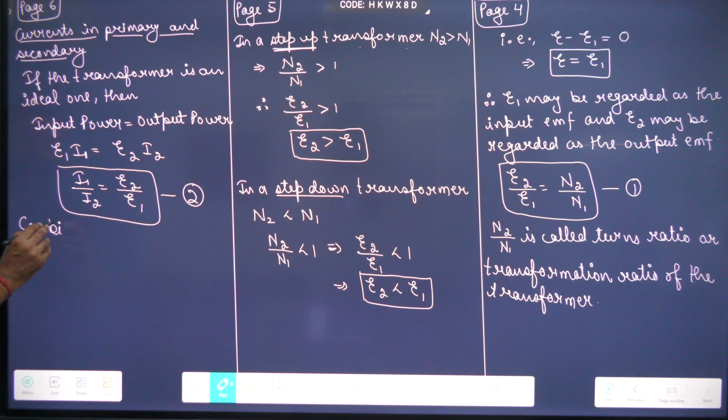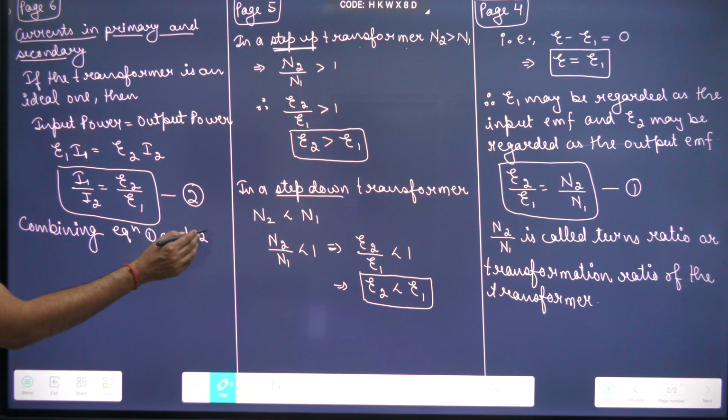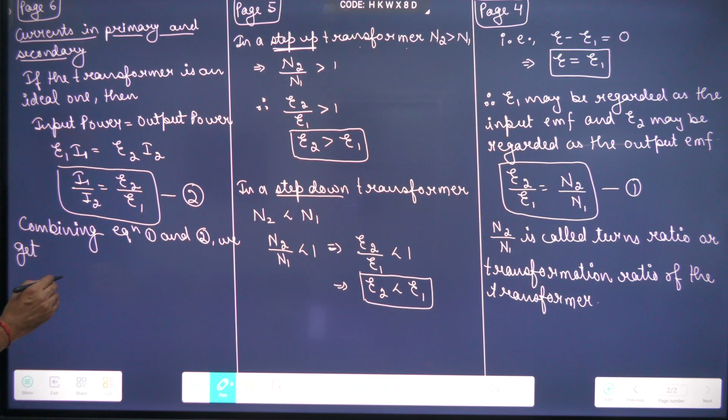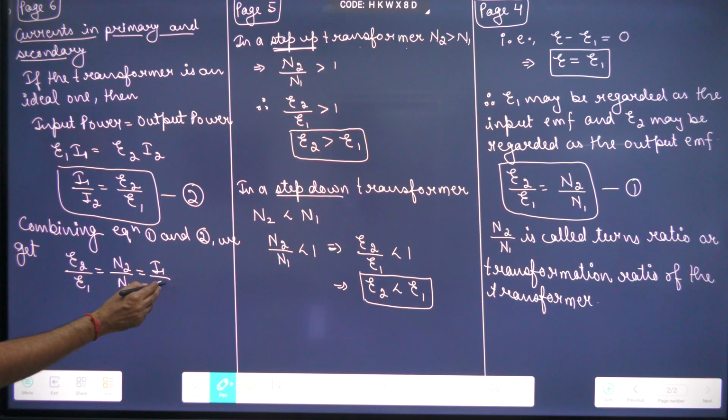Combining equations 1 and 2, we get E2 upon E1 is equal to N2 upon N1 is equal to I1 upon I2.